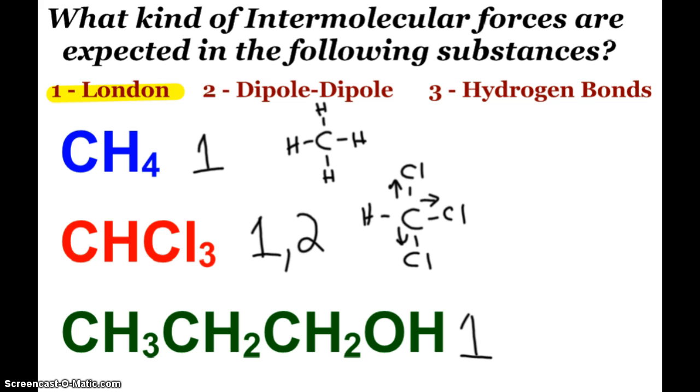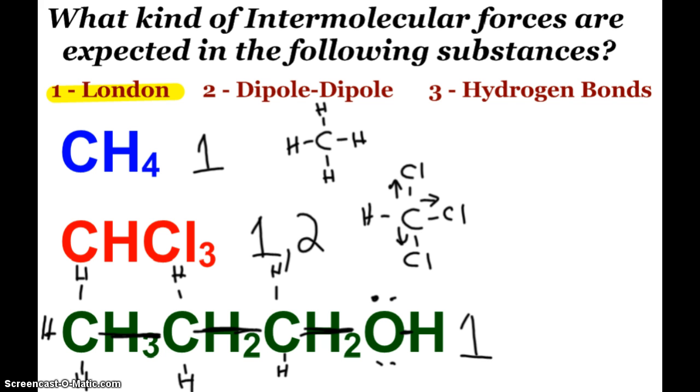Down here, CH3CH2CH2OH, that's propanol. The carbons, that's where the H's are. And then this carbon's attached to this carbon, which has two H's off of it, which is attached to this carbon, which has two H's off of it, which is attached to this oxygen, which is attached to this hydrogen.